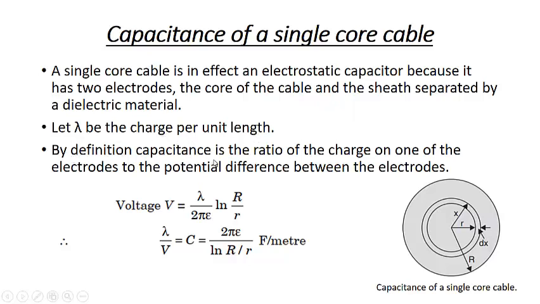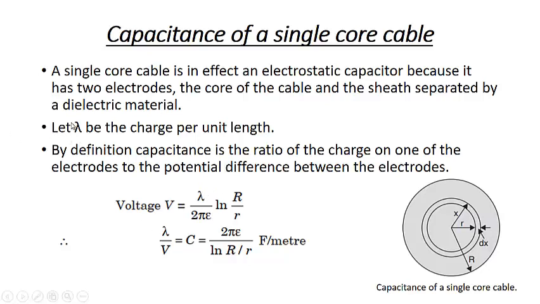By definition, capacitance is the ratio of the charge on one of the electrodes to the potential difference between the electrodes. We have derived this formula in the case of corona as well. So here the voltage we can calculate will be equal to lambda. In the topic corona, we considered this to be Q, where Q was also defined as charge per unit length.